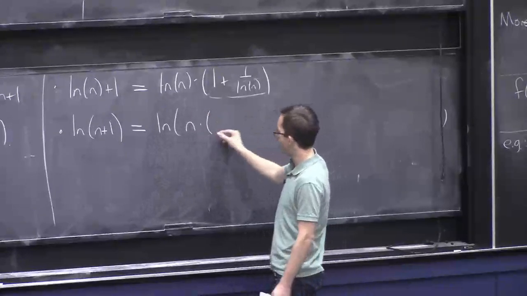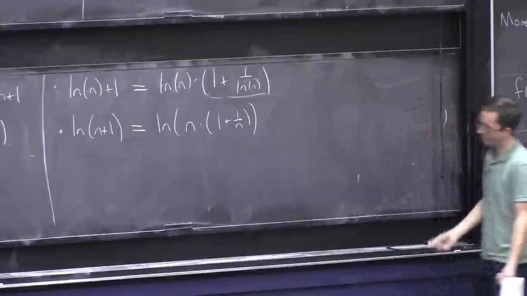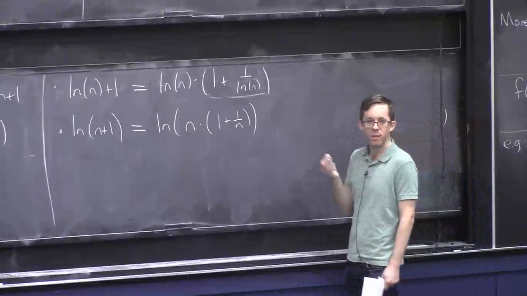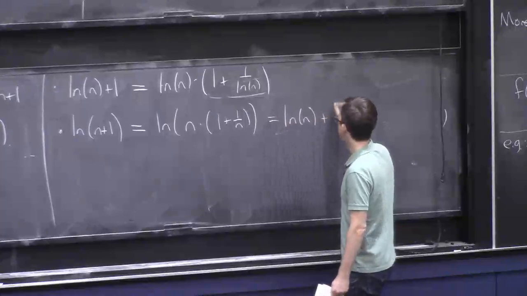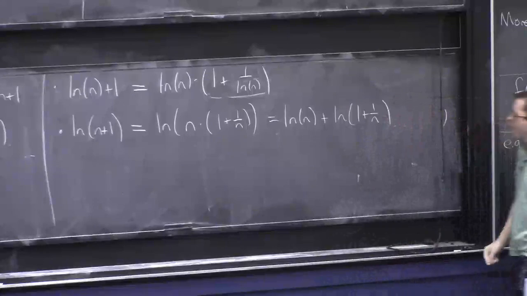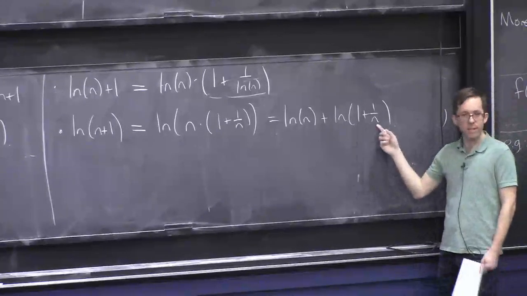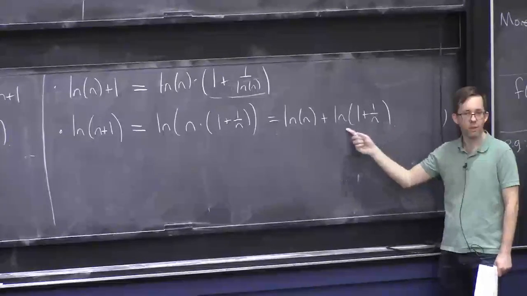So we'll write this as ln of n times 1 plus 1 over n. And then log of a times b is log a plus log b. So this is ln n plus ln of 1 plus 1 over n. So, 1 plus 1 over n is basically 1, and log of 1 is 0. So this should be basically 0, which is great.